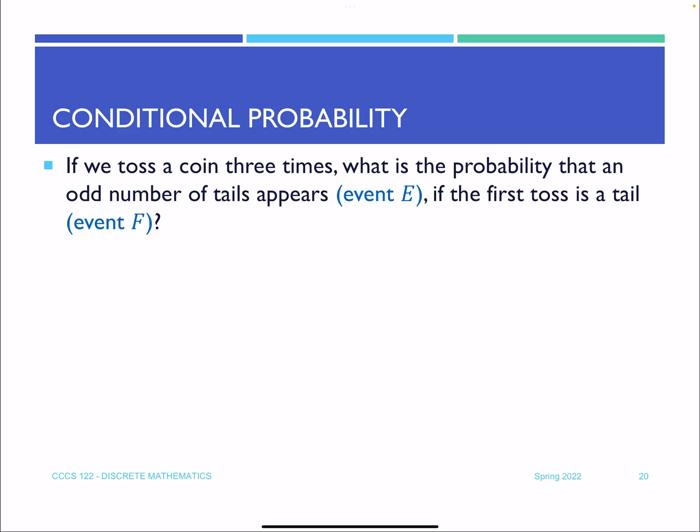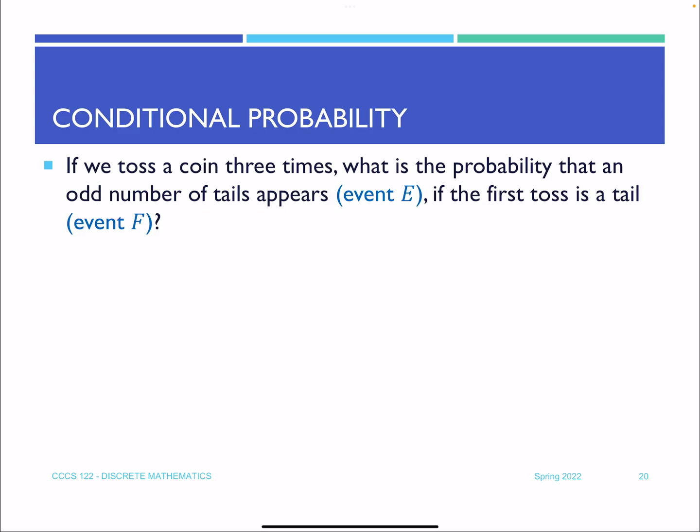And then we have something called the conditional probability. Now, if you toss a coin 3 times, what is the probability that the number of times you see the tails side of the coin is odd? Okay, let me repeat that.